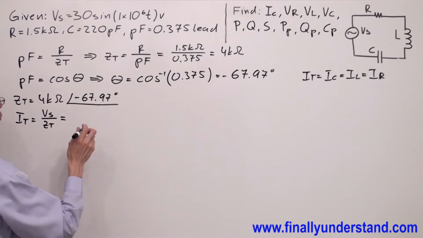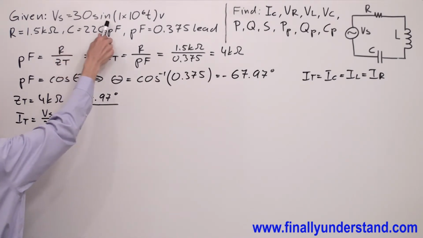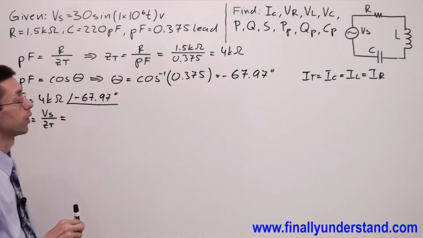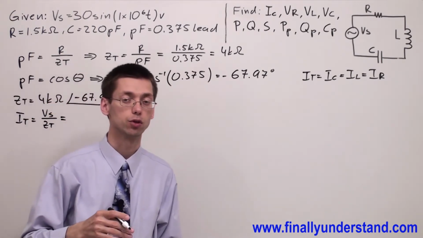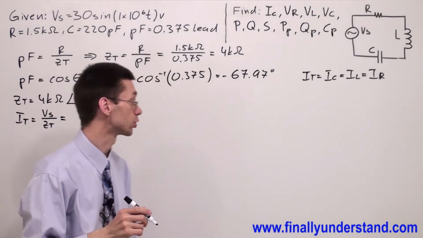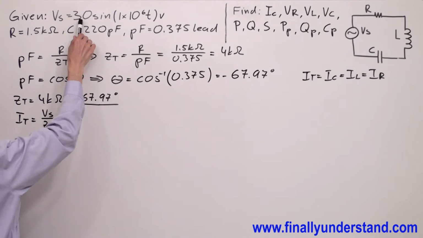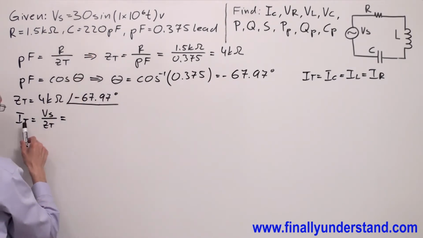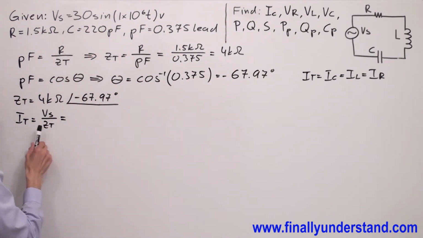in my circuit. Don't forget that this is the voltage expressed in terms of a sinusoidal equation, so it means that we are talking about the peak voltage. So the current which we are going to find is also peak.